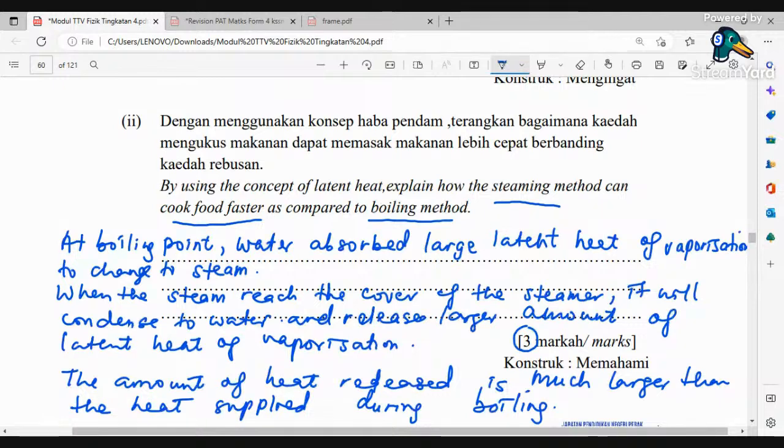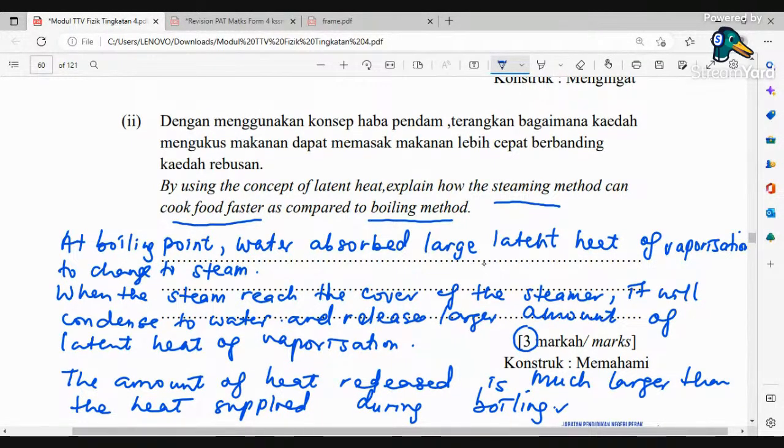Okay, so the boiling process also supply heat to cook food. But the steaming process, due to the condensation will release out latent heat of vaporization. So the amount of latent heat of vaporization released is larger than the heat that's supplied during boiling. That's why steaming will cook food faster than boiling.